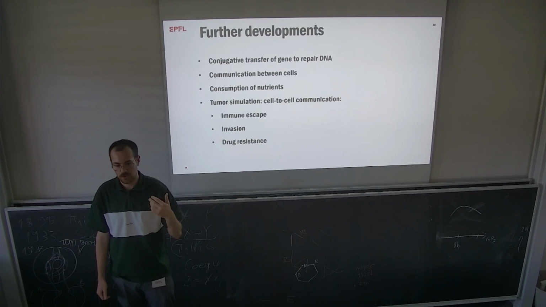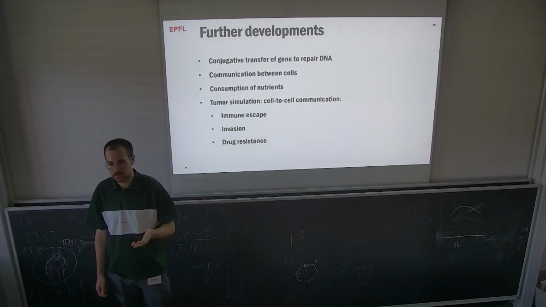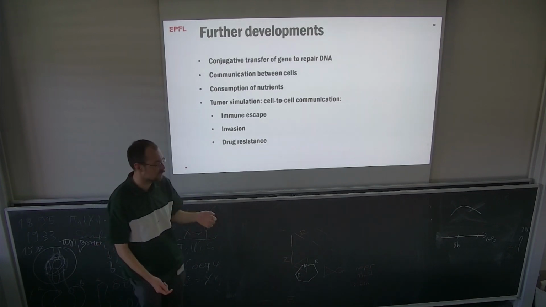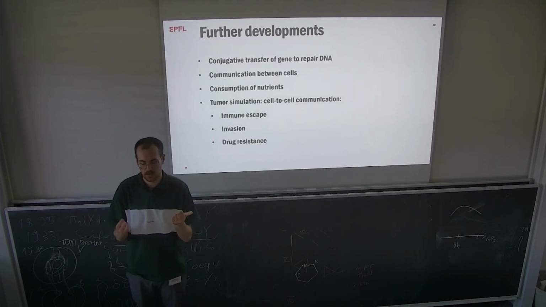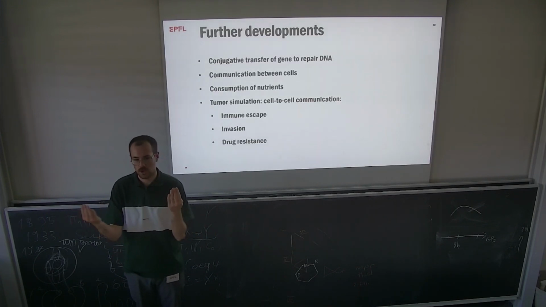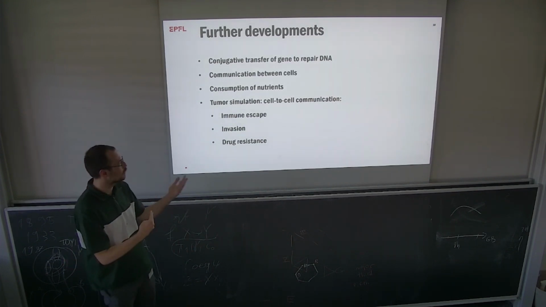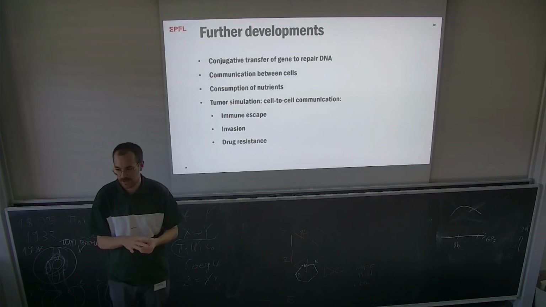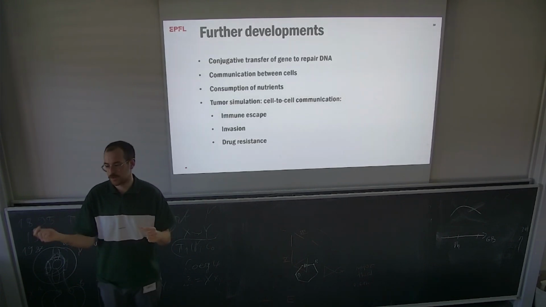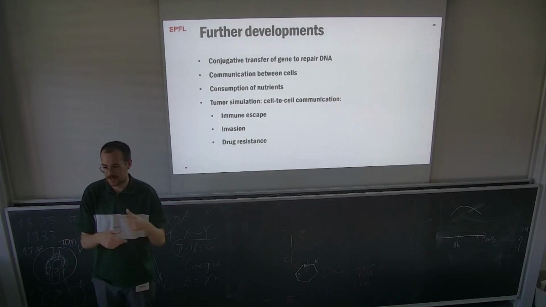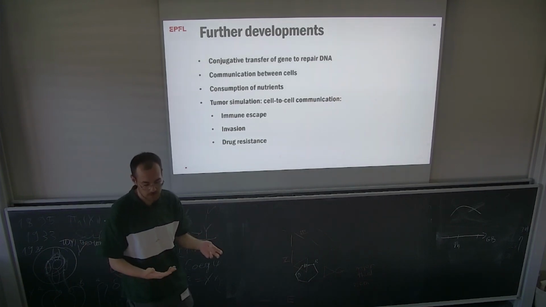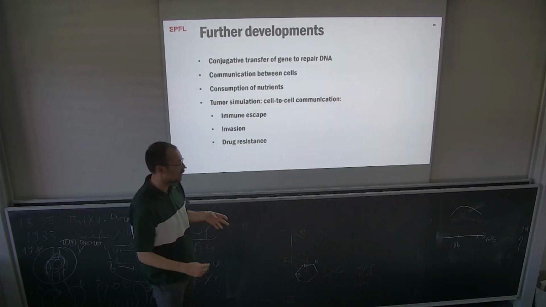One of the most common and most efficient is called homologous recombination. Basically, if you have 2 chromosomes and one is broken, you use the other one as a template. So I was thinking, what happens if you have bacteria that can transfer their genes and they have a DNA break? Maybe some other bacteria could give the DNA so that they can repair it, because that's more efficient than other kinds of repair.